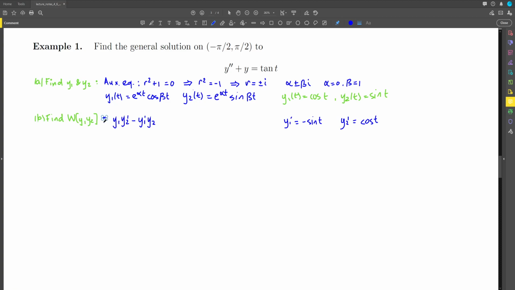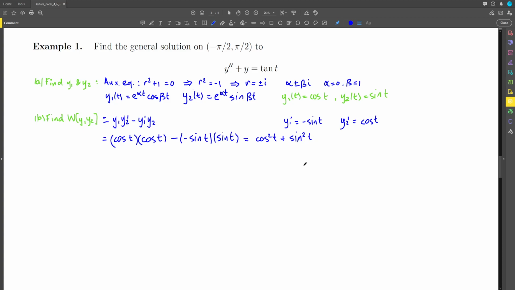So let's write this out. So we have y1, which is cosine of t, times y2 prime, that's cosine of t, and then minus y1 prime is negative sine of t, and then y2 is sine of t, and that is cosine squared t plus sine squared of t.